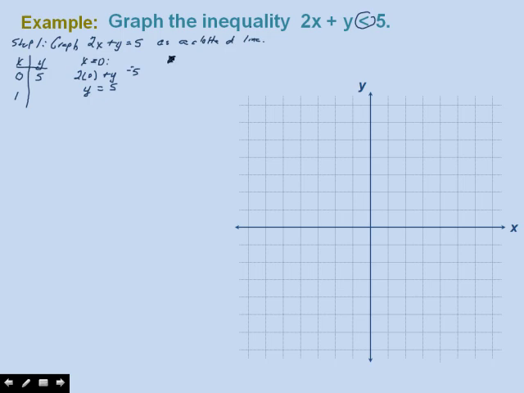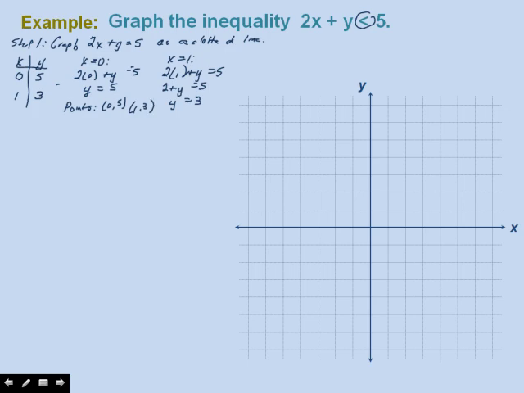So if our x is equal to 1, then we have 2 times 1 plus y is equal to 5. And if we subtract 2 from both sides, that gives us y is equal to 3. So our 2 points that we can plot are (0, 5) and (1, 3).